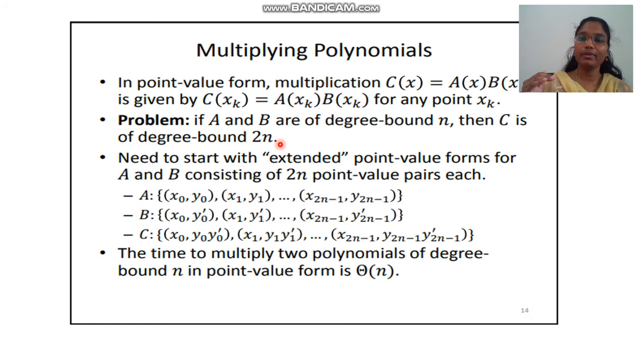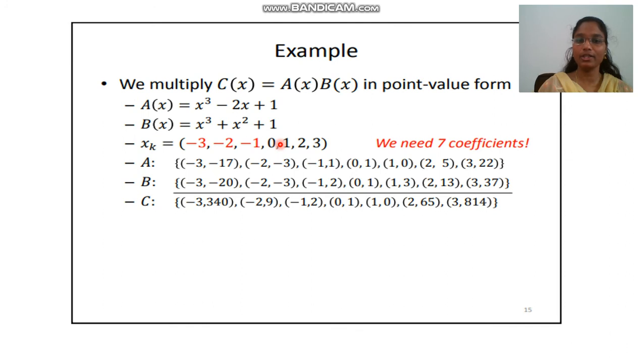And when we multiply such two polynomials, the resultant will have degree bound 2n. That means if the value of n is 4, then degree bound 2n means 8. So what should be the resultant product's highest degree? It will be 7, because its degree should be 7, then only its degree bound will be 8. So we have to extend that value initially, so that we will be able to find the correct value.